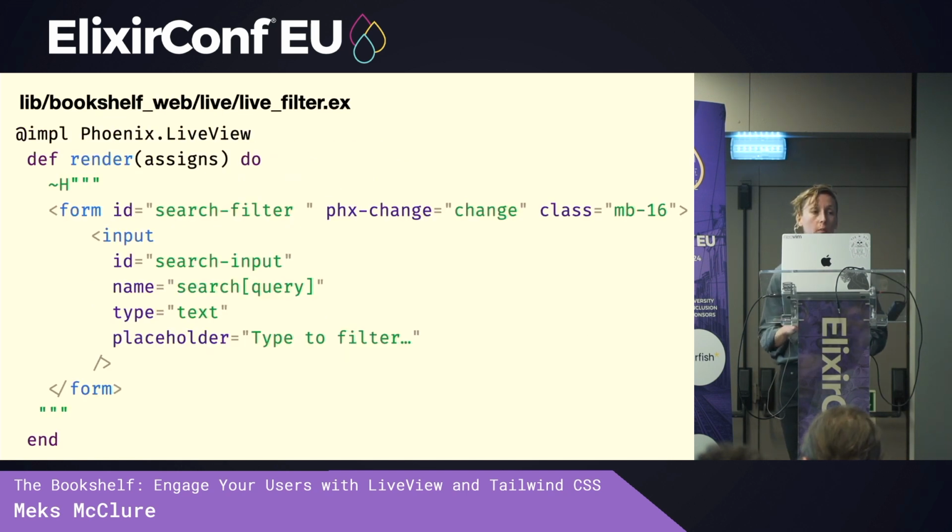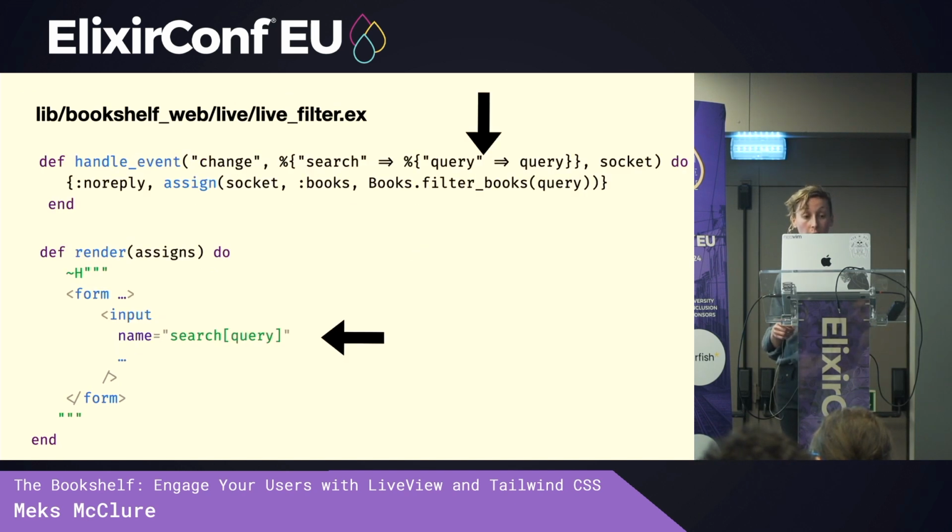And then she switches from using an HTML file to using the render function. And she changes the input to remove the HTTP post request and instead wraps it in a form tag. Adding a phx-change form binding will send params from the browser back to the server, and this can be received via a handle_event/3 callback.